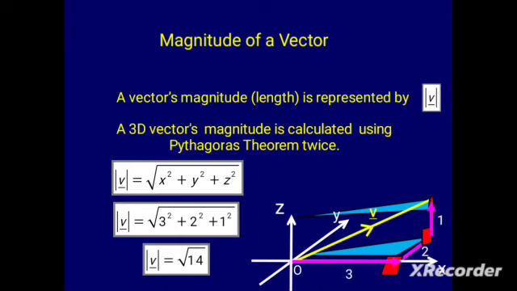So the modulus of vector v will be root 14. Root 14 is a surd and cannot be simplified further. It remains root 14.